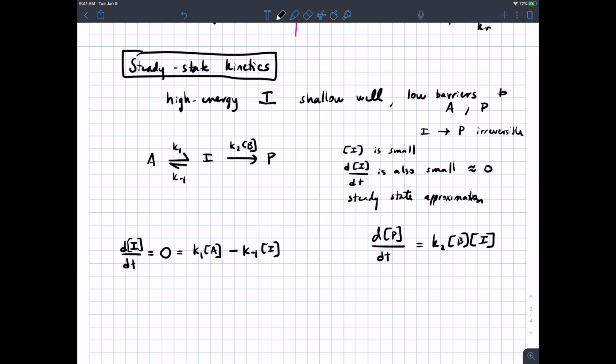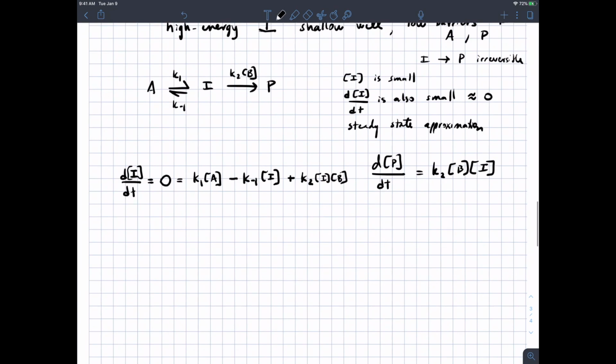And then the concentration of I could decrease by conversion of I into P with the rate K2 times the concentration of I times the concentration of B. It's delightful when we have an expression like this that we can set equal to 0, because we're going to rearrange.